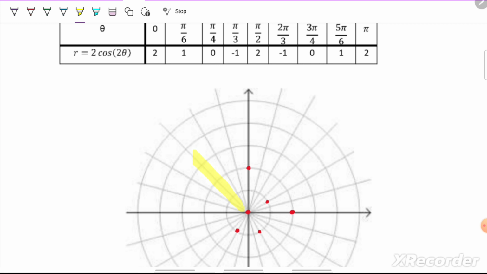At 3 pi over 4, we're going 0 rings, another point right at the pole. 5 pi over 6, we're going out 1 ring. And then last but not least, at pi, we're going out 2 rings.